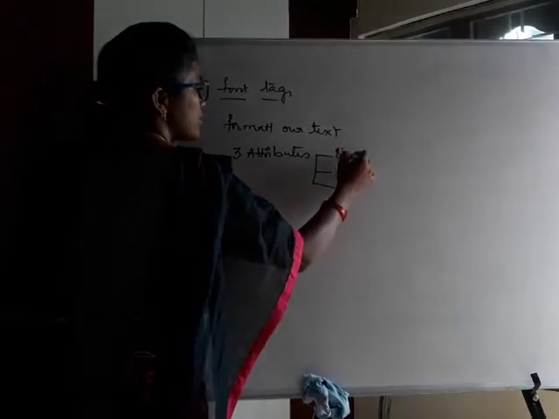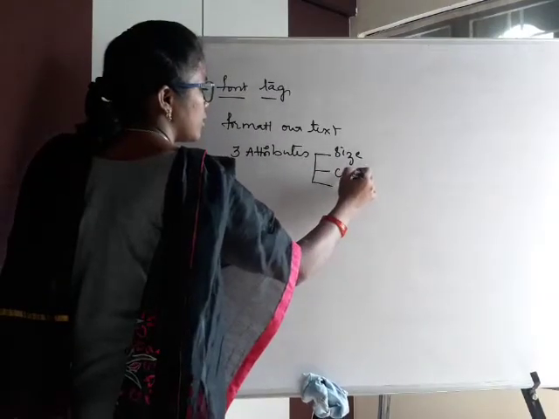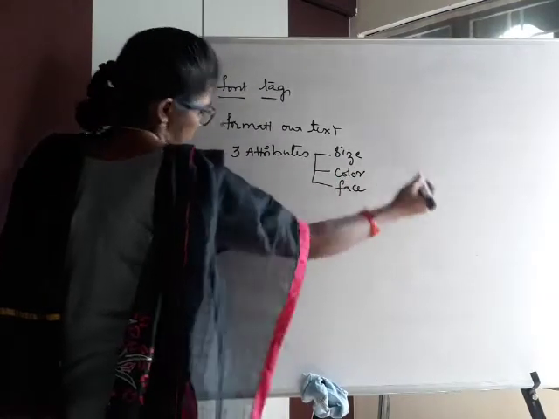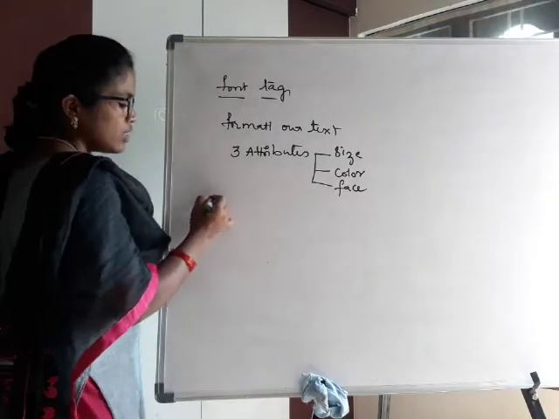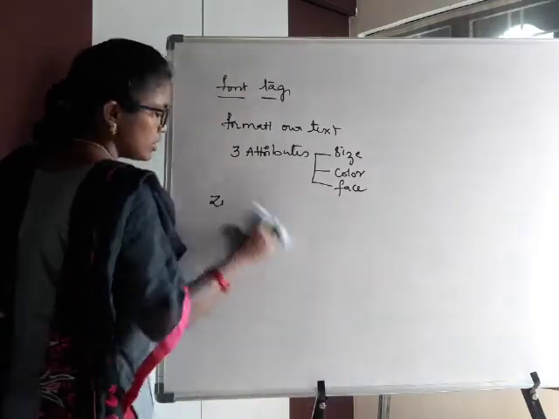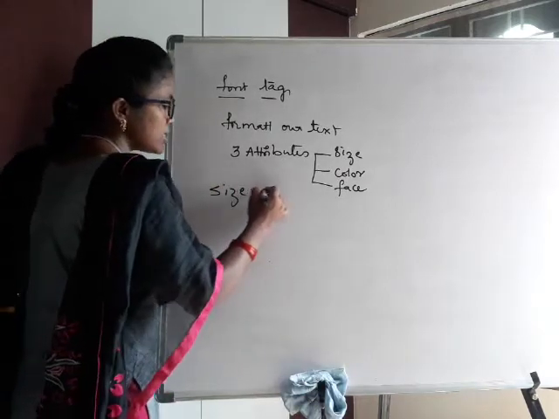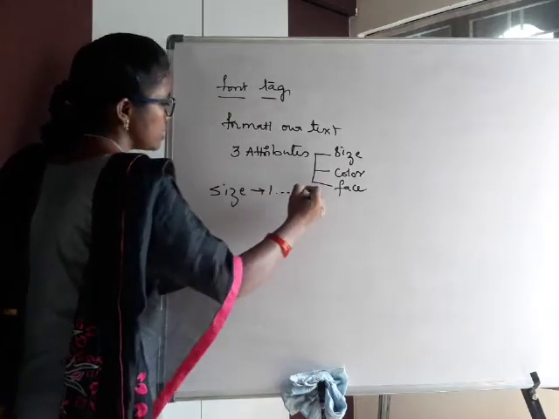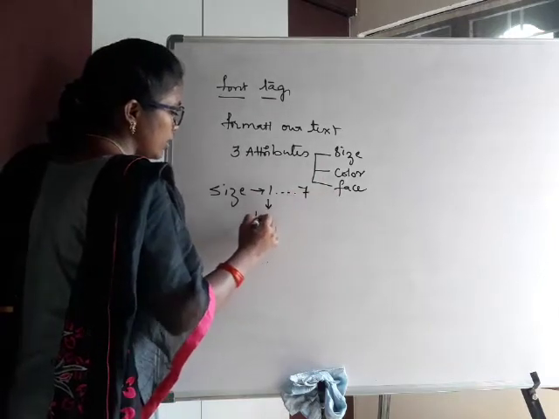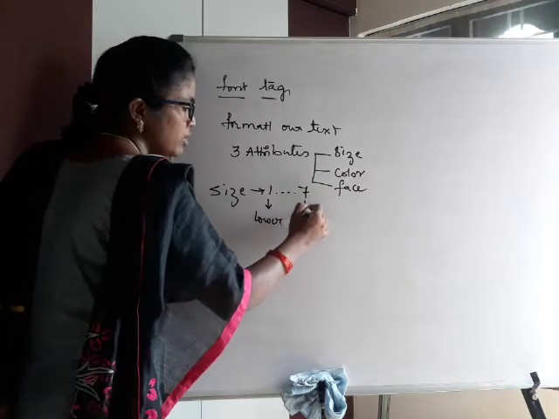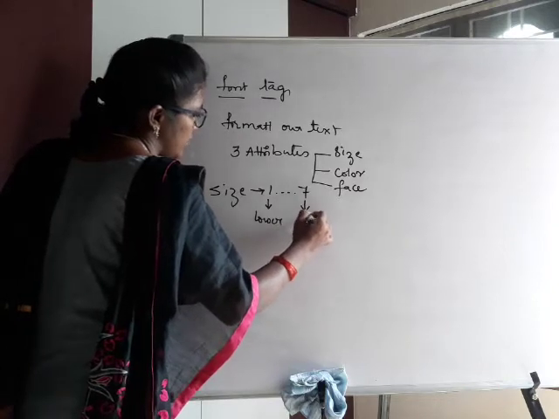Font size, color and face. First I want to write about size. The size ranges from 1 to 7. Whenever you give 1, it is the lower value. Whenever you give 7, it is the larger value.